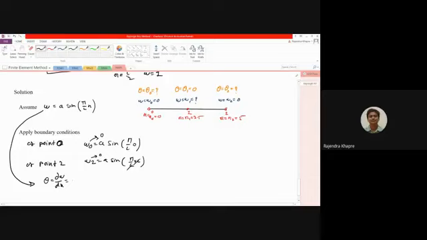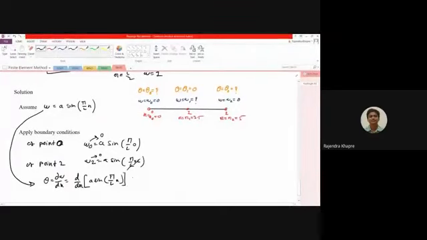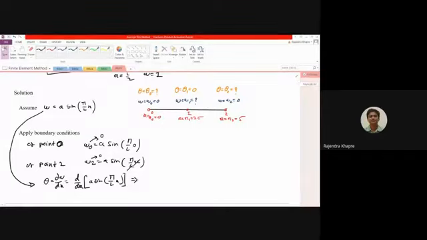This is d by dx of a into sine of pi upon L into x. Somebody please tell me what is this derivative? Students, anybody?